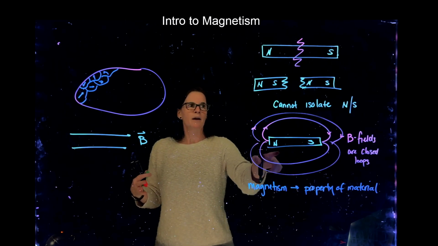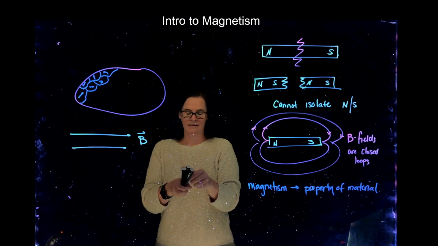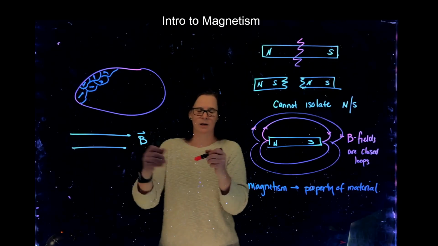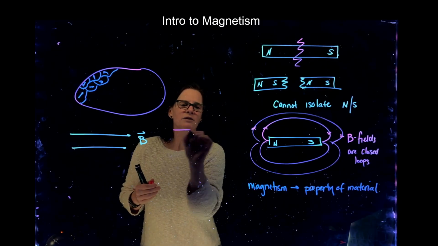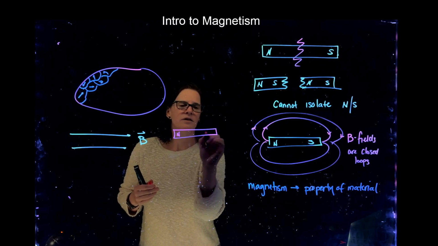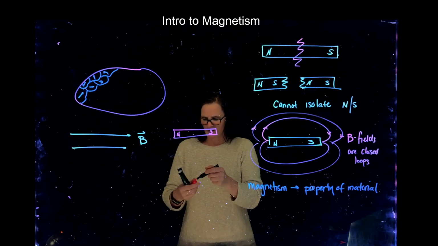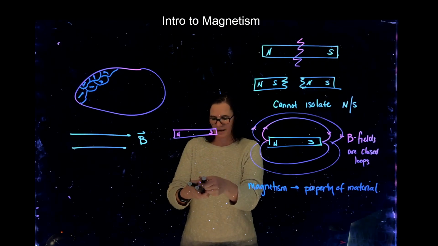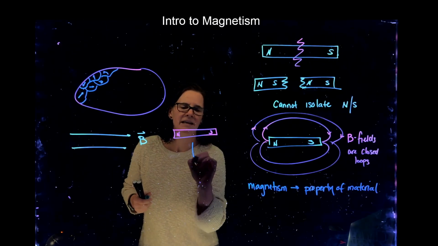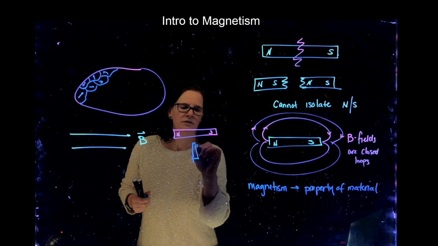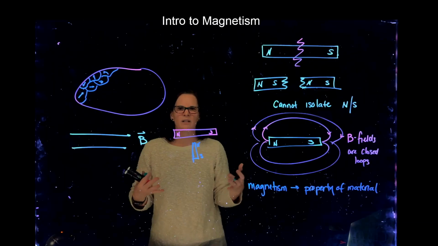So if I were to put another magnet, I'm going to use our bar magnet, we're going to come back to this in just a minute. So here's my bar magnet. It has a north and a south. And if I bring another magnet next to this bar magnet like this, here's the north and there's the south end, what's it going to want to do?